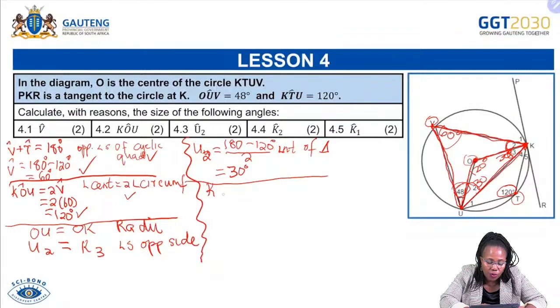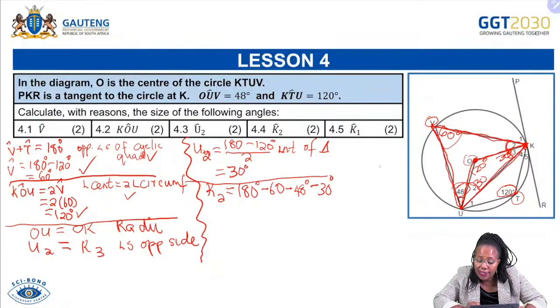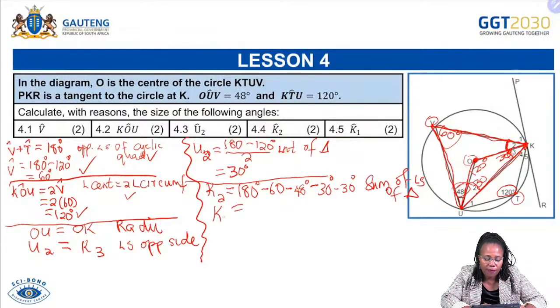So for K2, we are going to take 180 for sum of angles of a triangle, subtract 60 for V, subtract 48 for the given angle OUV, minus the U2 30 degrees, minus the 30 degrees for K3, and then we will be left with only that K2. It's because of the sum of angles, or the interior angles, of a triangle.